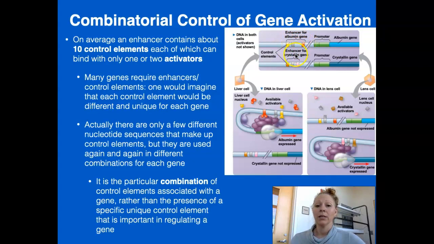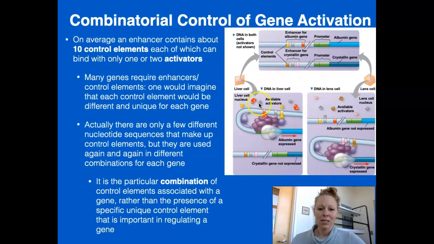And down here, for a different cell, we have the gray again, and then a brown and a pink. These control elements and activator proteins are going to be used in different combinations, over and over again. Sort of like the alphabet: we have the same letters, and we just put them in different orders to make different words.